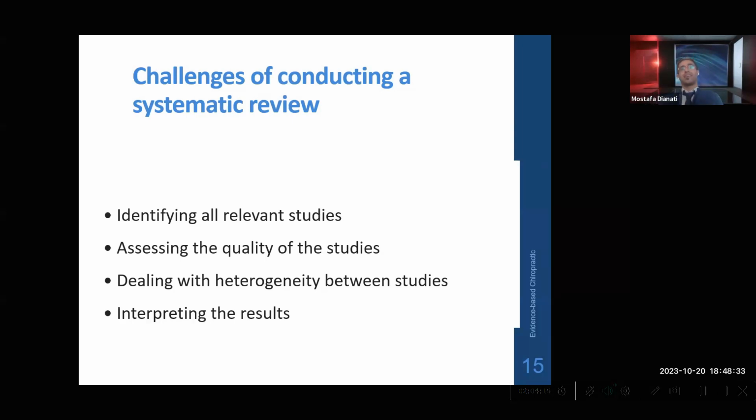And for some, the population is sick people. For the others, they are just working on diabetic patients. As you see, our population is heterogeneous. We see this intervention has been conducted on different people with different backgrounds. Some of them are very old, some of them really young, some of them are really sick. So this is the heterogeneity between the studies, and we have to deal with this one.